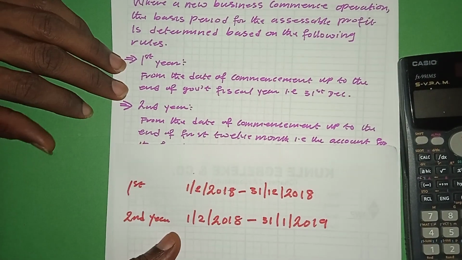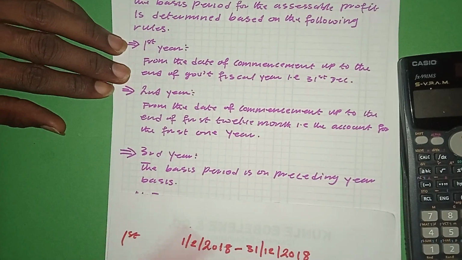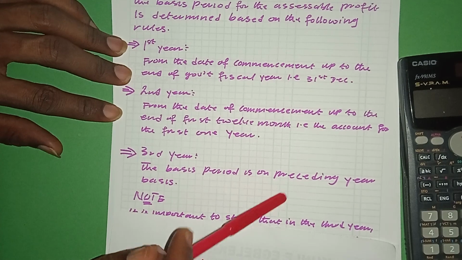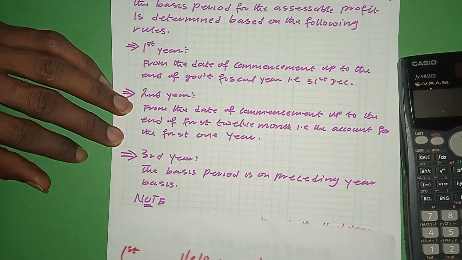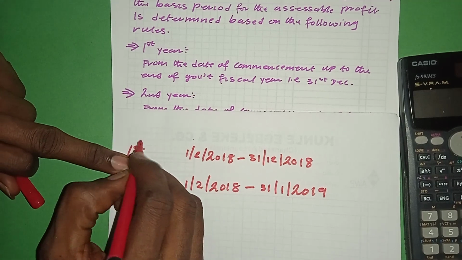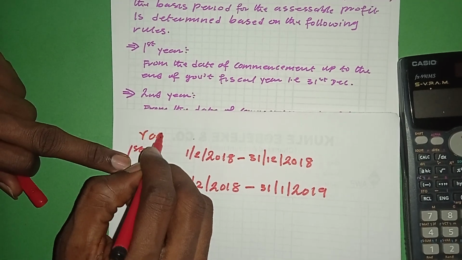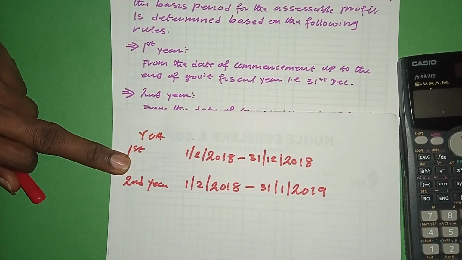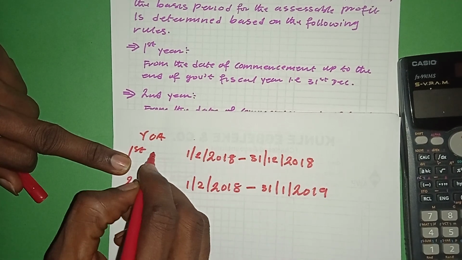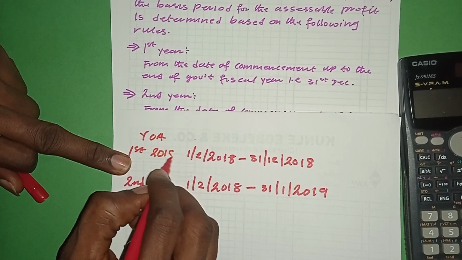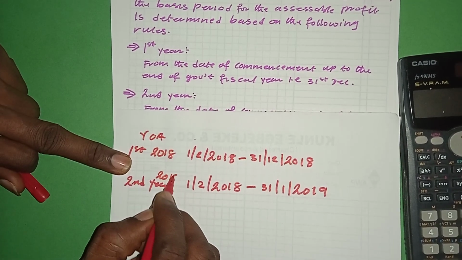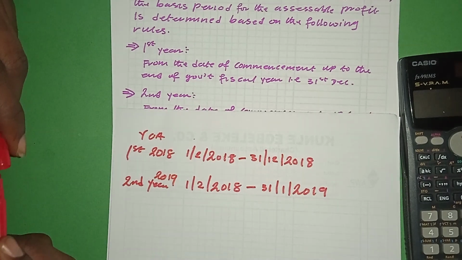Now, the third year said something. The basis period is on what? Preceding year basis. Mind you, all this while, because it is abnormal, the year of assessment here will be 2018. The year of assessment here will be 2019.